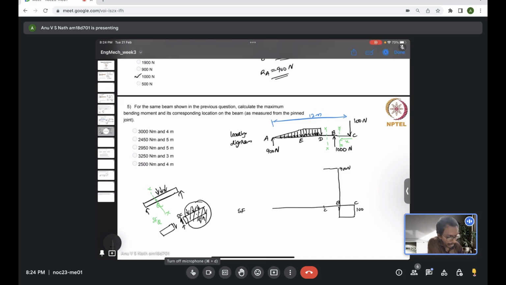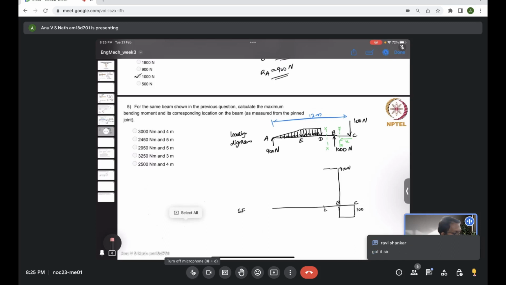In other words, the shear force acting on the left hand side is also caused by the sum of all the forces acting on the left hand side, and they should be equal and opposite because the entire system structure is in equilibrium. But shear force is basically an internal force, so you can either consider the right hand side of the section or the left hand side of the section and just add up the vector sum of all the forces acting on either right or left of that particular point.